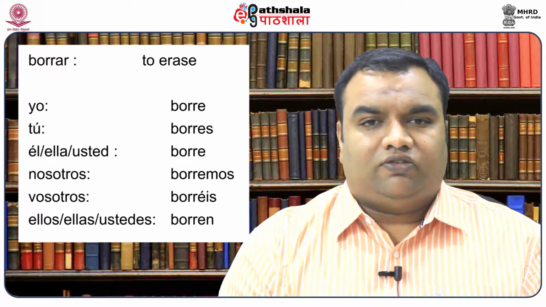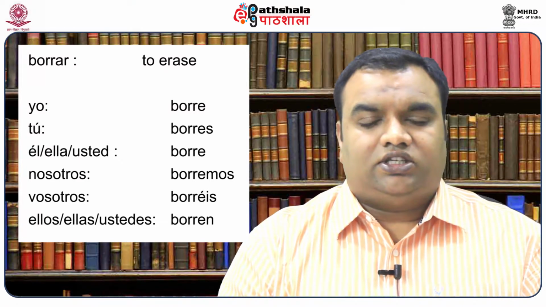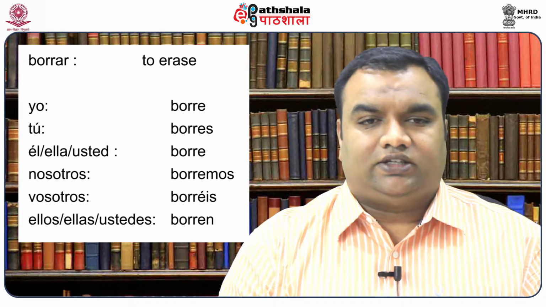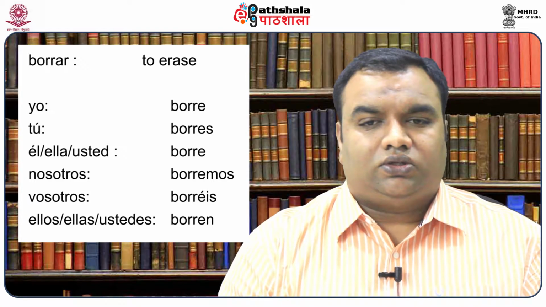We remove the final o and add the E endings to the stem, and thus the subjunctive for the verb borrar is like this: yo borre, tú borres, él, ella, usted borre, nosotros borremos, vosotros borréis, ellos, ellas, ustedes borren.